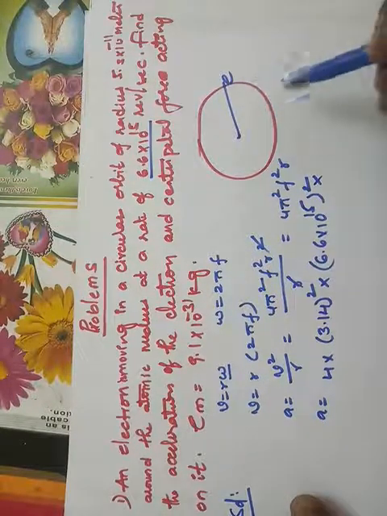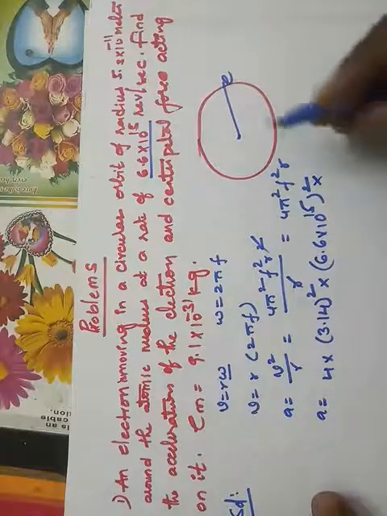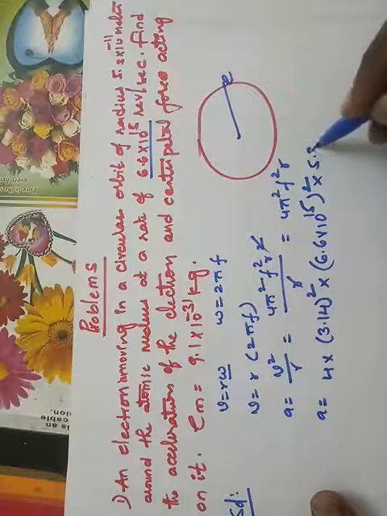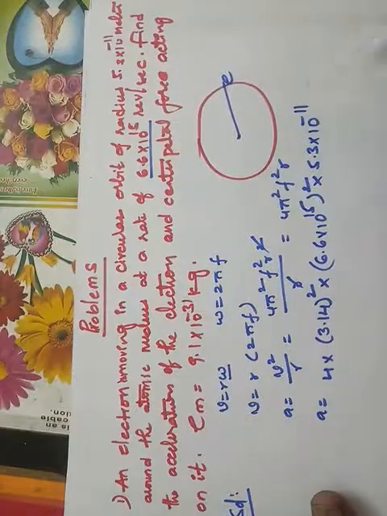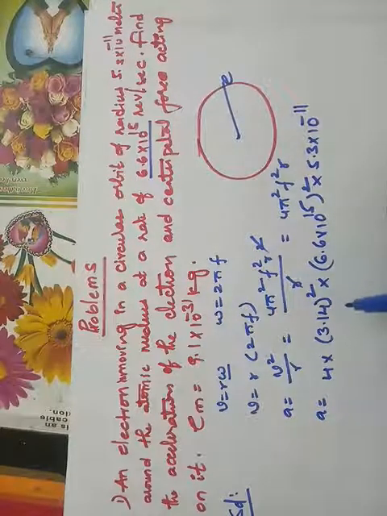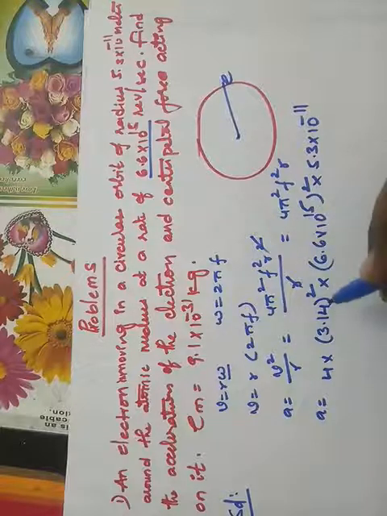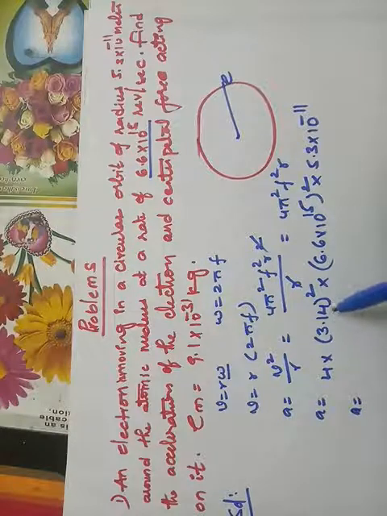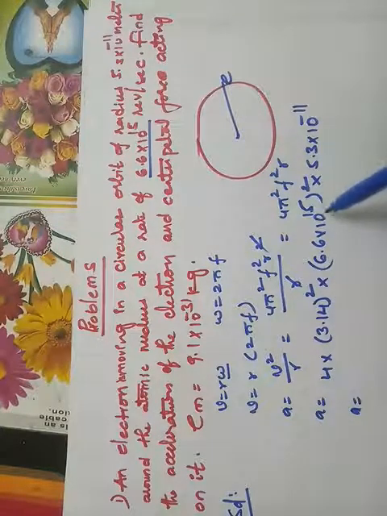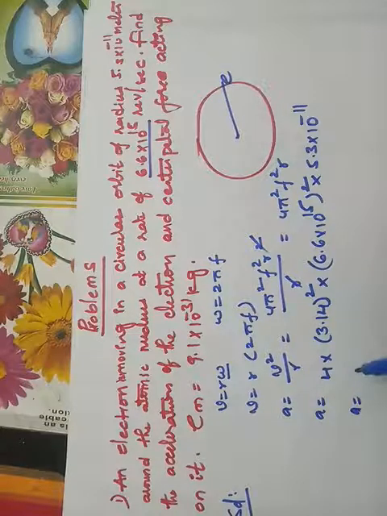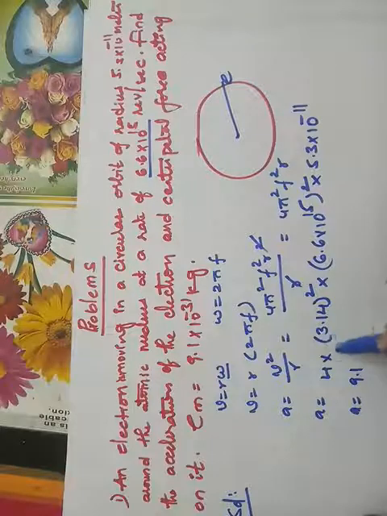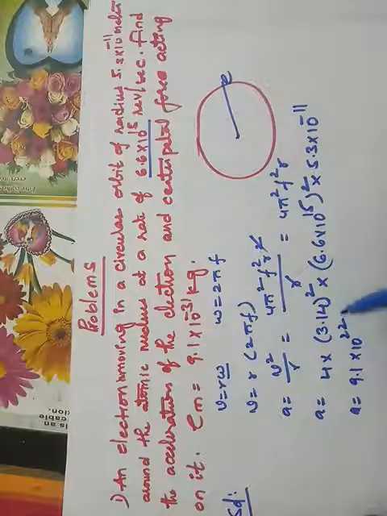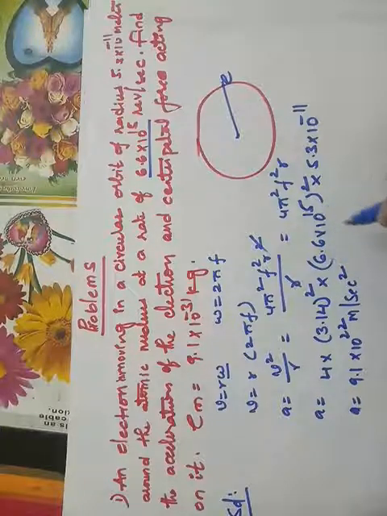The radius of the electron around the nucleus, given here as 5.3 into 10 to the power of minus 11. Now solving this, we get A equal to 1.05 something, and the acceleration of the electron is 9.1 into 10 to the power of 22 meter per second square, towards the nucleus.